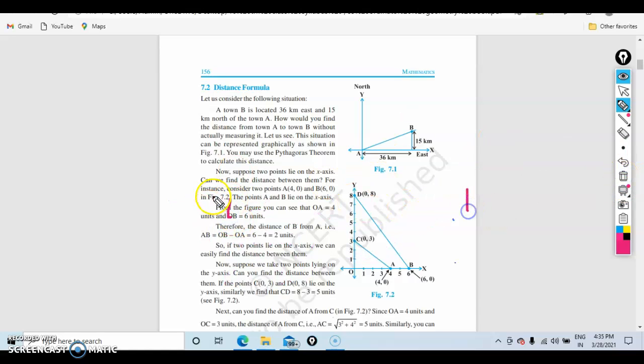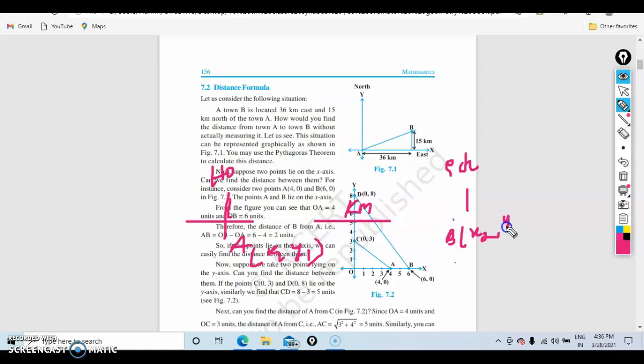So two places, one is home, one is school. Normally the distance between two places, in the practical view, we tell in kilometers, but in the mathematical view we take them as points, here A and here B. The first point we call x1, y1, the second place we call x2, y2.